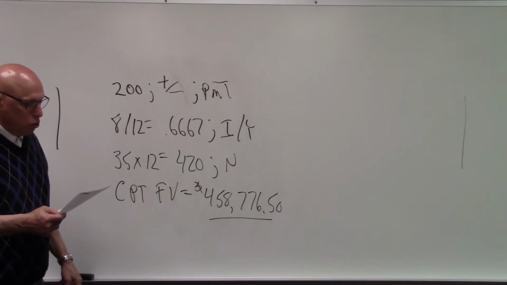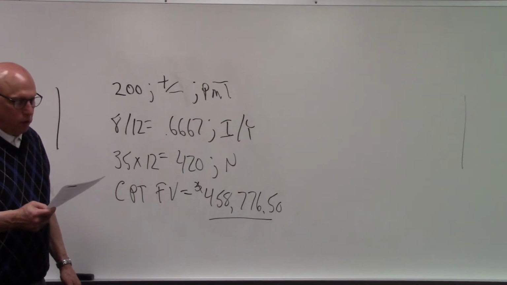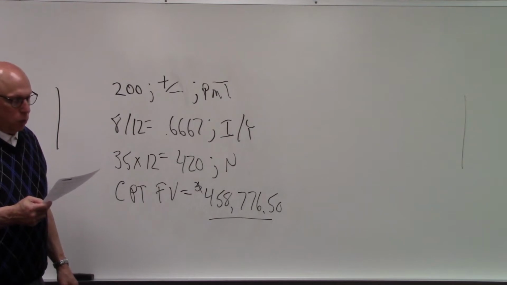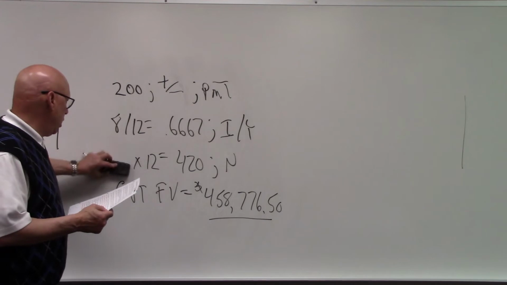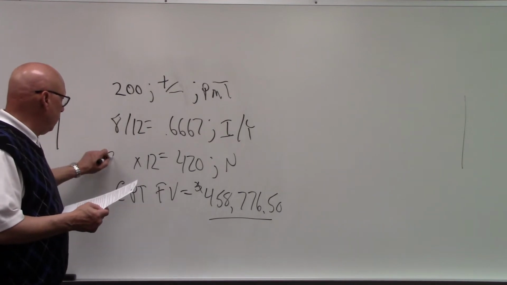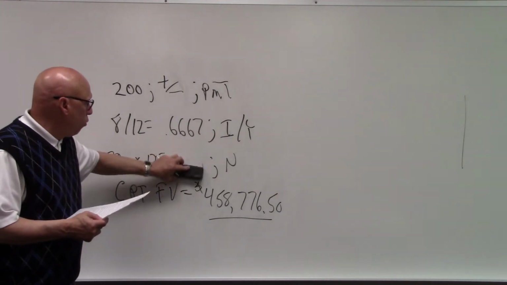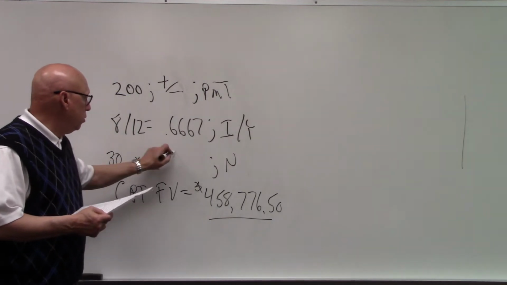Okay, question 2, you don't want to start saving for 5 years, so you will only have 30 years worth of saving and investing. How much will you have? So let's change this from 35 to 30. Then we'll change 420 to 360.